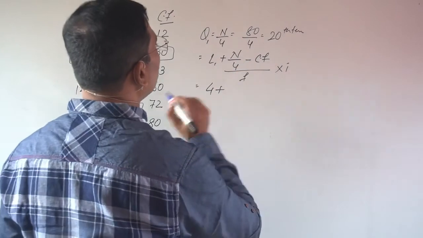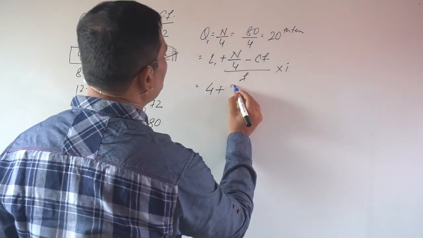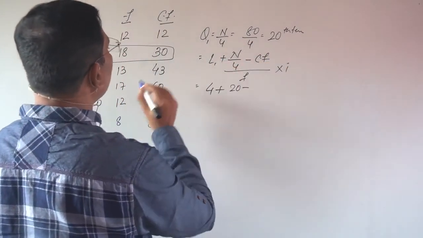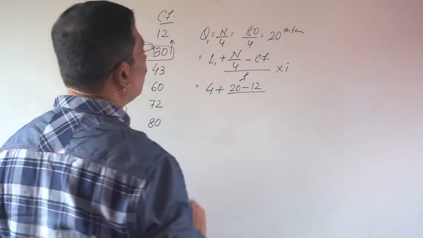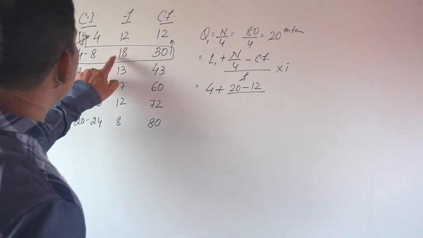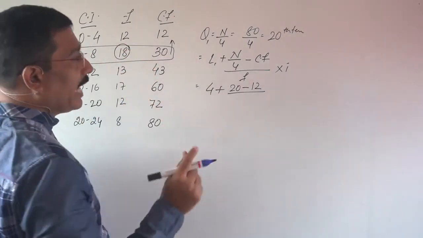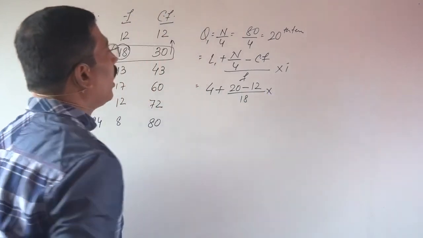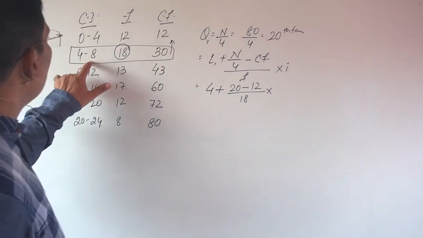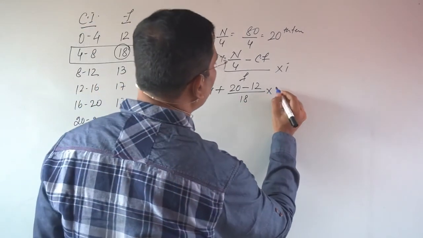So 4 plus, what is n by 4? You have mentioned here 20. What is CF? CF means preceding cumulative frequency, that is 12. Then what is the frequency? The frequency is 18 of that particular class. And i refers to the class width, the difference of 4 and 4.